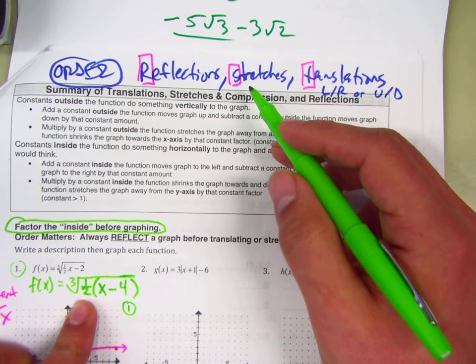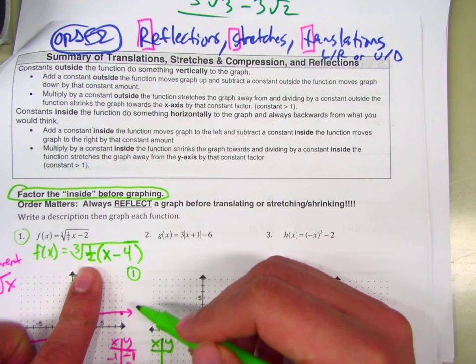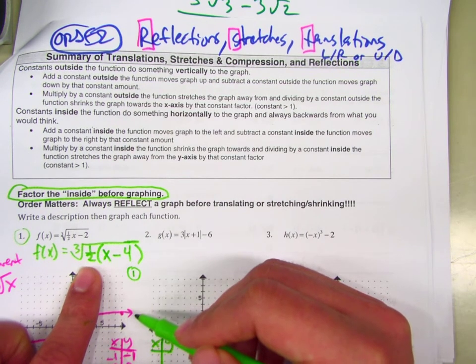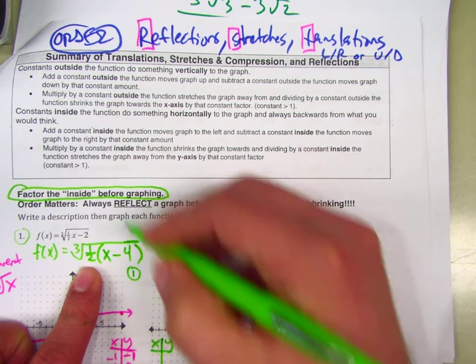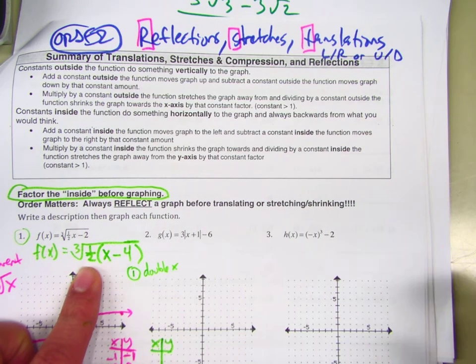So remember what we talked about? What's the opposite of taking half of something? Multiplying by 2 or doubling. Does that make sense? And so the first thing we're going to do is double the x-coordinates, because there's a 1/2 there.